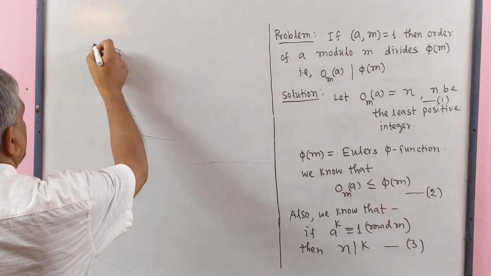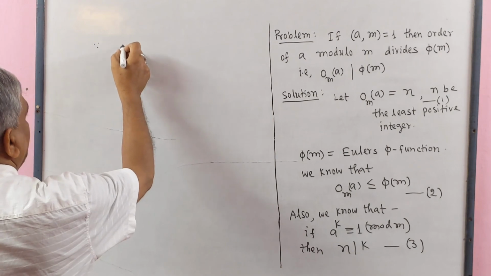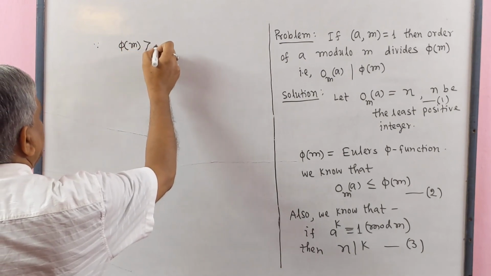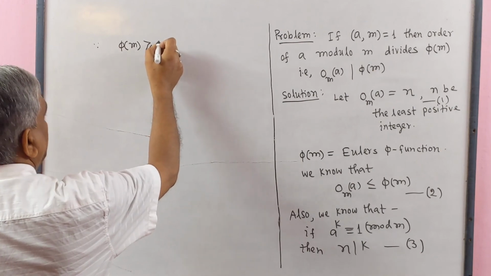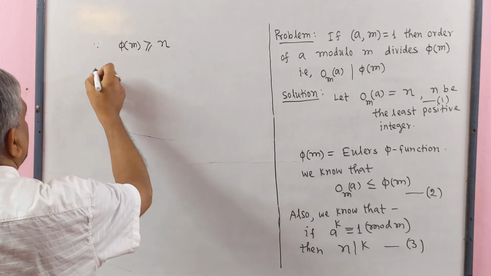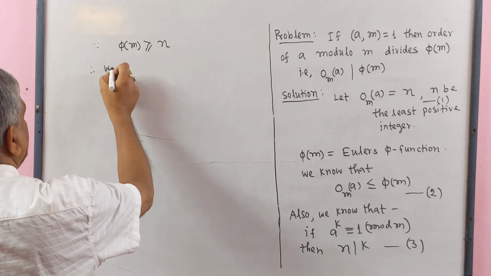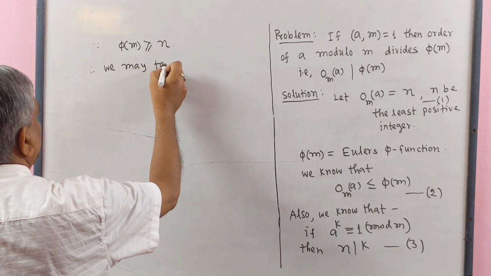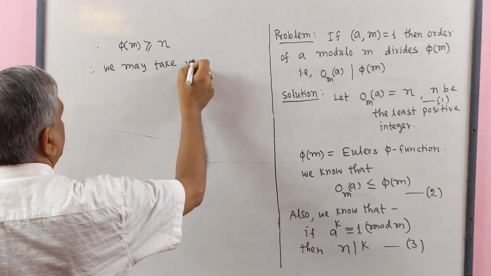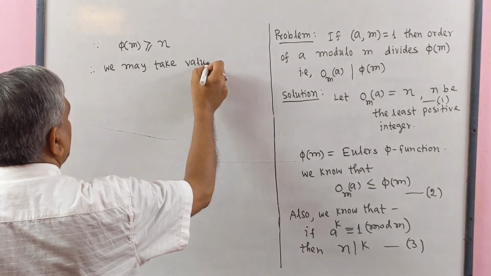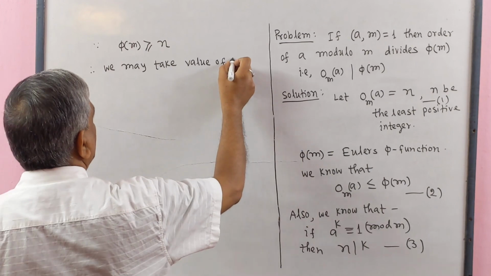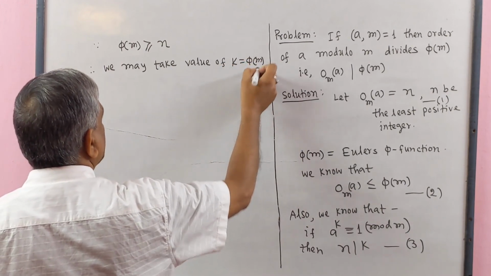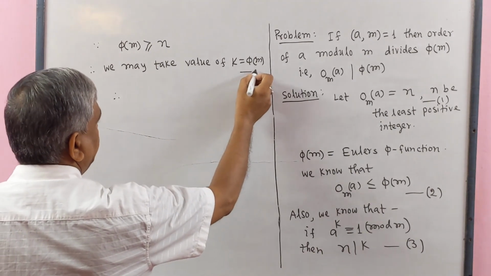Since phi M is greater than or equal to N, therefore we may take value of K equal to phi M. This is number 4.